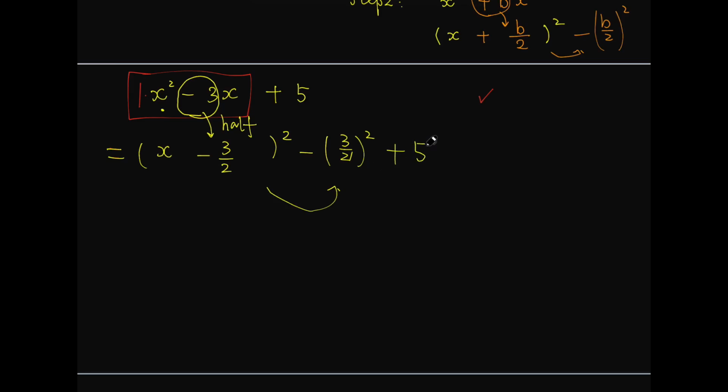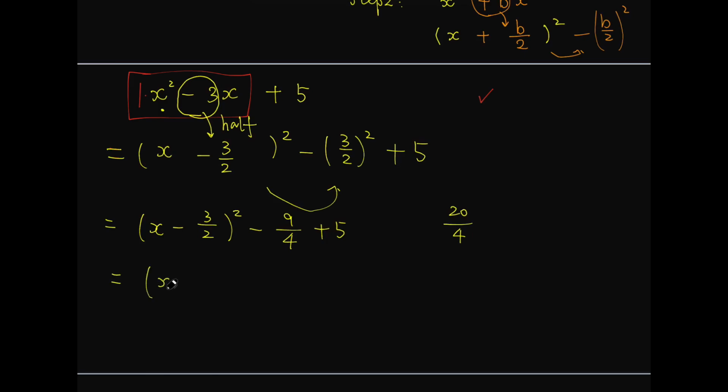Then keep plus 5 at the end because it is the constant provided by the question. Then we just simplify. We have x minus 3 over 2 all squared, minus 9 over 4 and plus 5. So 5 can be converted to 20 over 4.